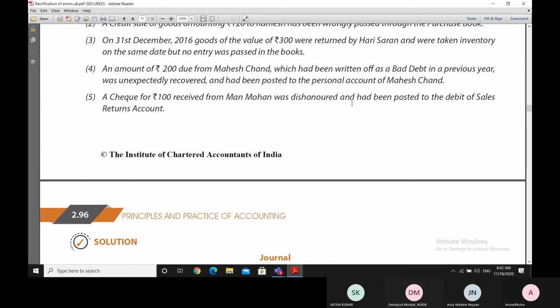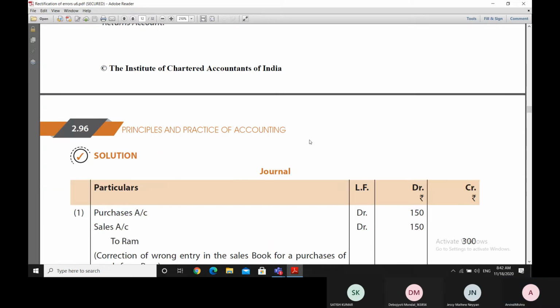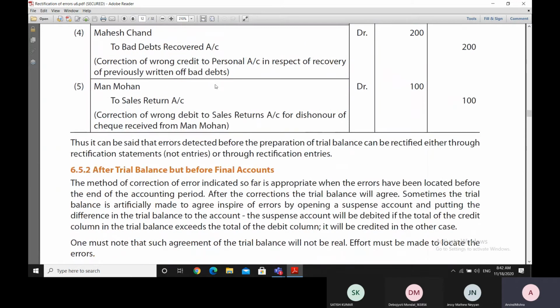So the check was received. When we received the check, we posted it on the debit side of the sales return account, and perhaps we credited Manmohan with that, and therefore we are now cancelling that entry by making a debit in Manmohan's account and crediting the sales return account.